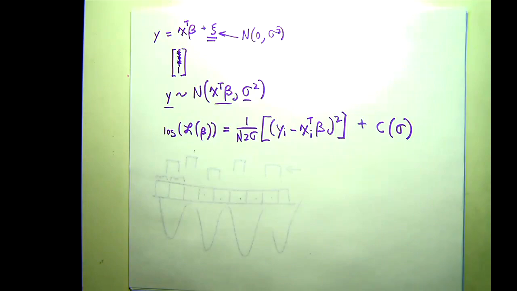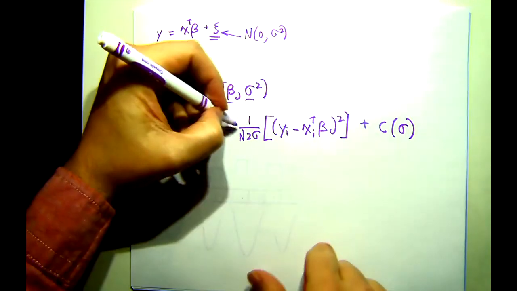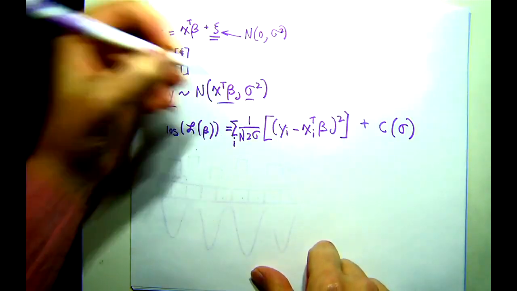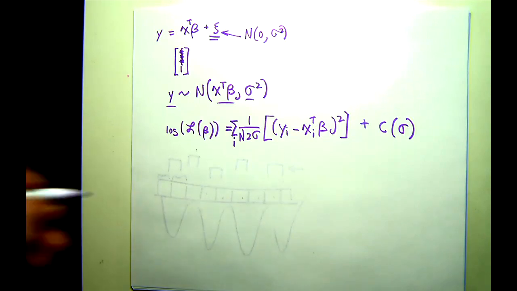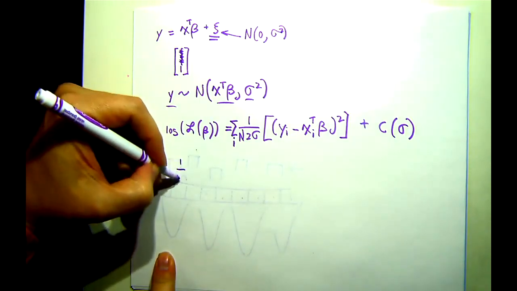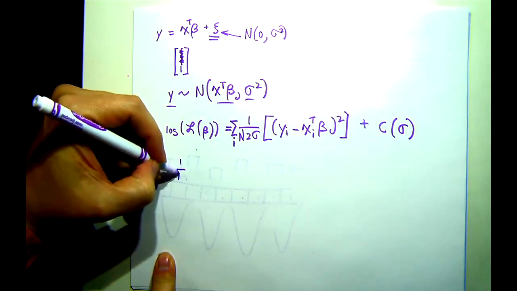I actually missed, I apologize, I missed a summation there. So we're going to take the derivative of this to get the maximum likelihood. What we end up with is, taking the derivative gives you basically 1 over n.